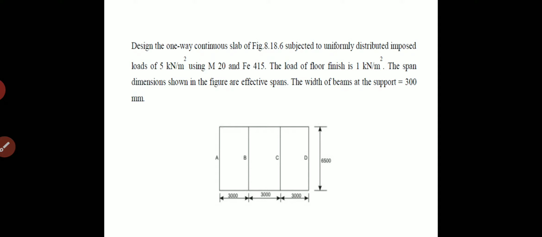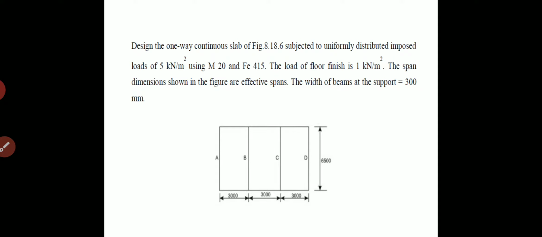Question: design the one-way continuous slab of the figure subjected to uniform distributed imposed load of 5 kN per meter square using M20 and Fe 415. The load of floor finish is 1 kN per meter square.